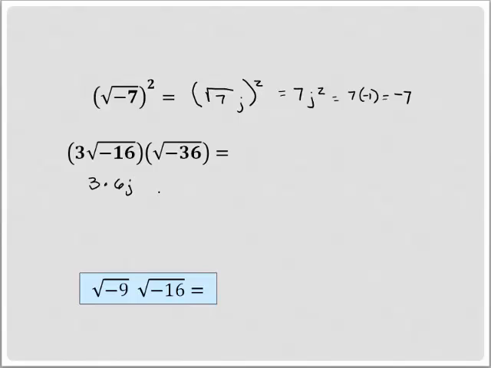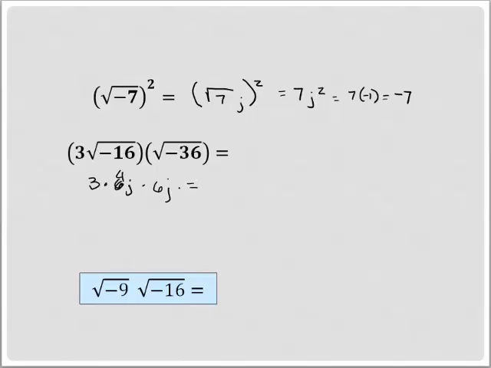We just covered that. Negative 36 comes out as, I'm sorry, I'm jumping ahead. The square root of 16 is 4, and the square root of 36 is 6. So I jumped ahead there a little bit. Sorry about that. So we've corrected it now.